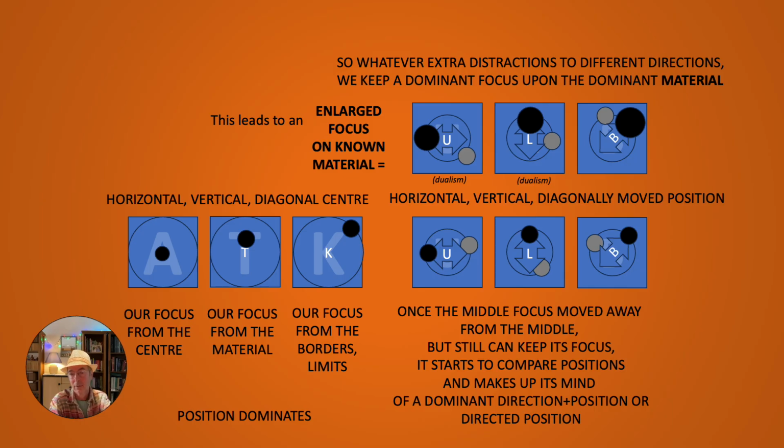The L will also focus on the material that grows forth, and the B as well grows forth in general, and the B at the borders, of course. Here we have that enlarged focus on what we can recognize as material.